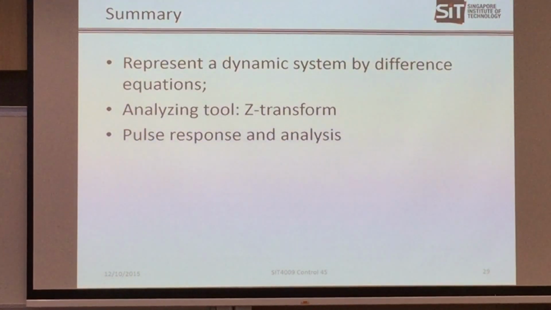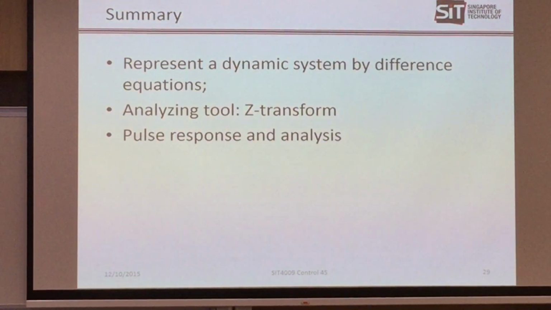Okay, so in summary, for today we basically introduced only one thing, which is the input-output response. And for the input-output response, the first issue we consider is stability. In digital control, when we talk about system stability, we are talking about the input-output response. It means if you have a bounded input to your system, you should also have a bounded output.